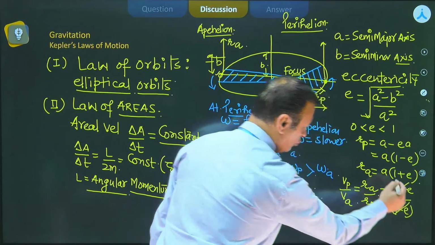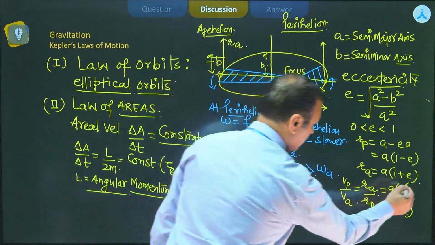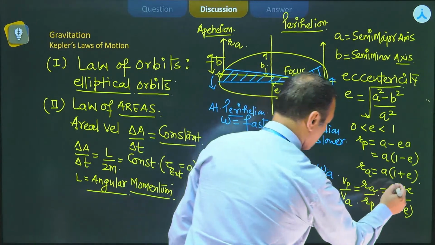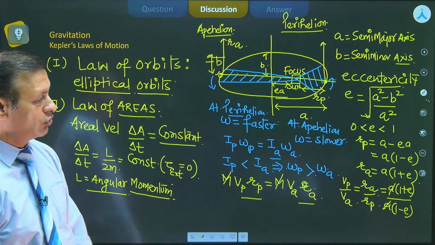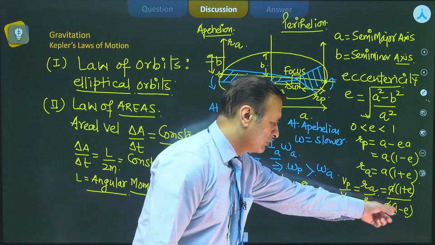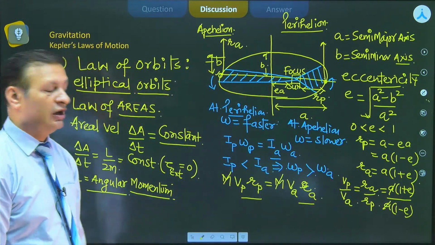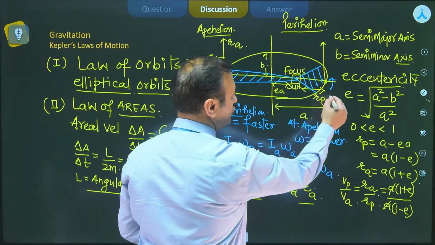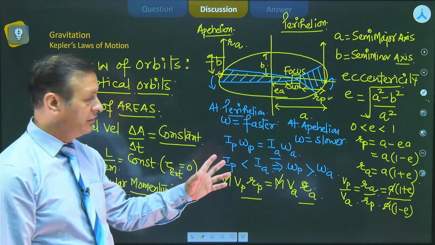So this common factor a goes, and now we have the ratio in terms of eccentricity also. It means this numerator is more than this, so Vp is more than Va. So this is how we understand this. So when you are at this position, the speed of the planet would be more. You got it or not?